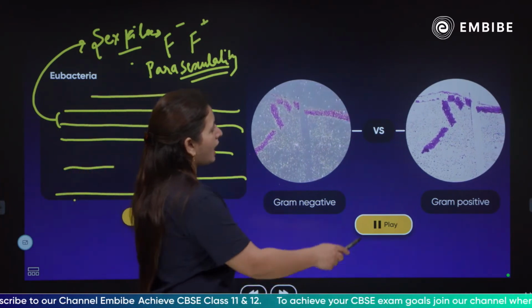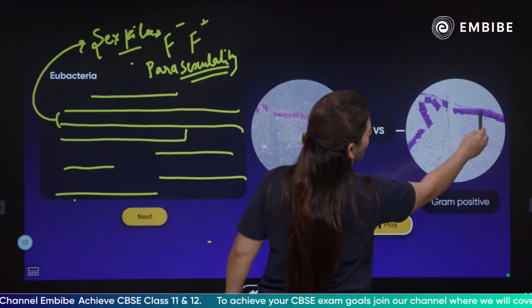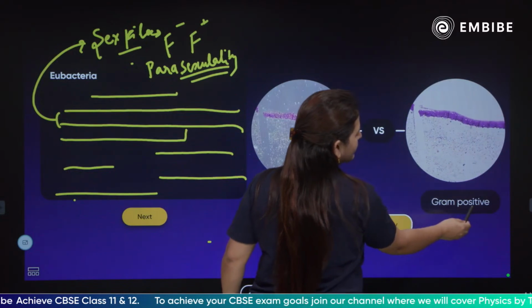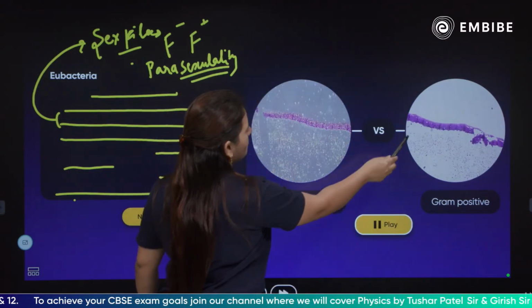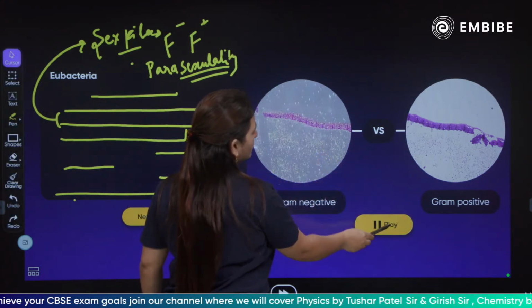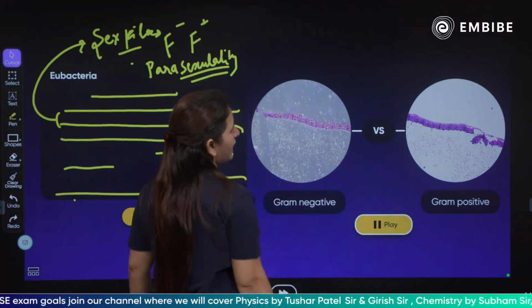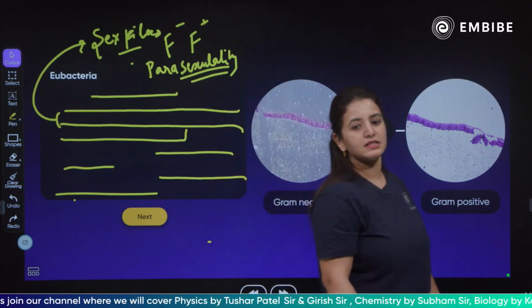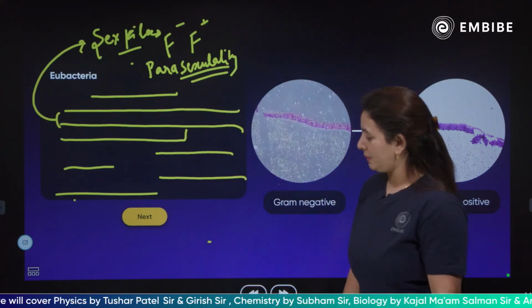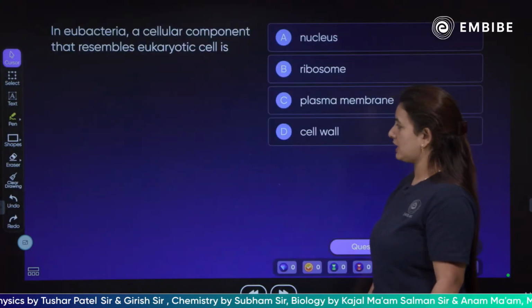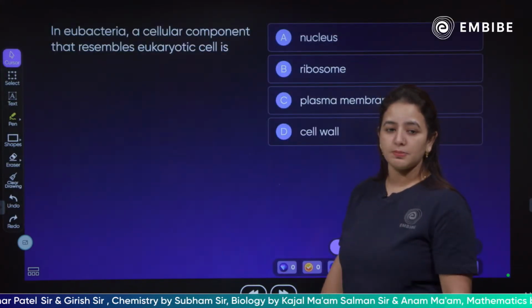In the gram positive, the whole cell wall is stained, that is why it is known as gram positive. Here, a very light stain they show. So gram positive and gram negative differ on the basis of their cell wall taking up the stain or not taking up the stain properly. Gram positive takes up the stain, gram negative does not take up the stain properly.